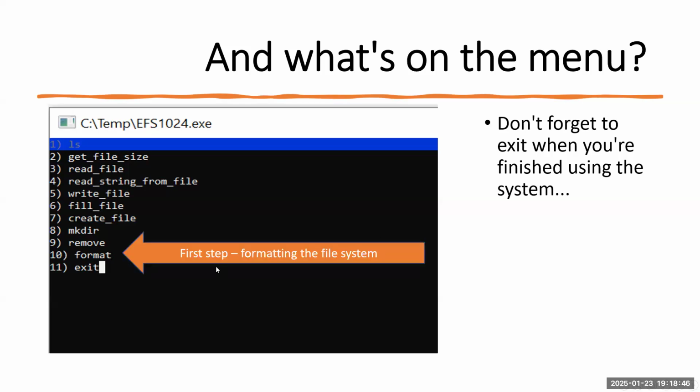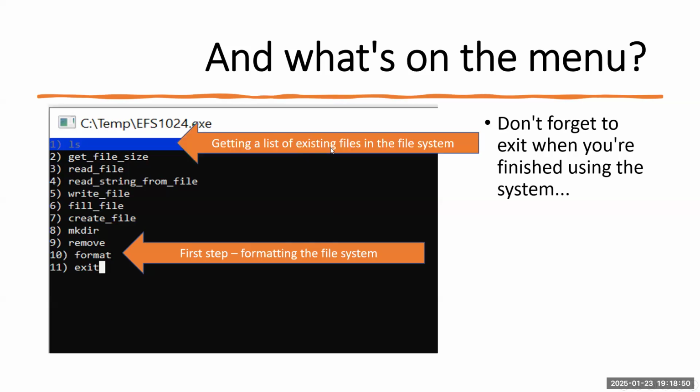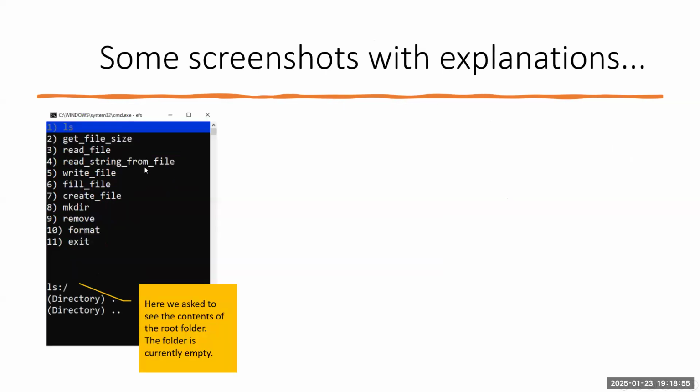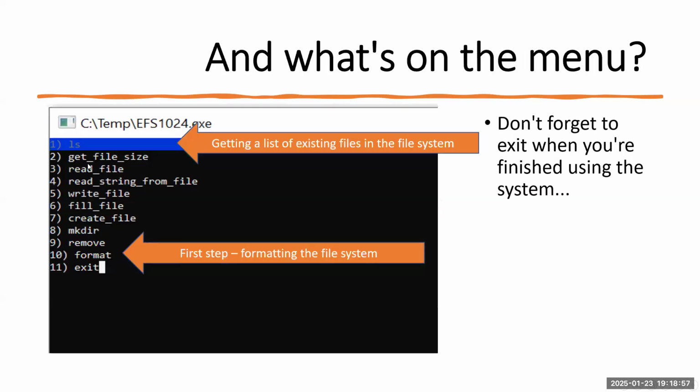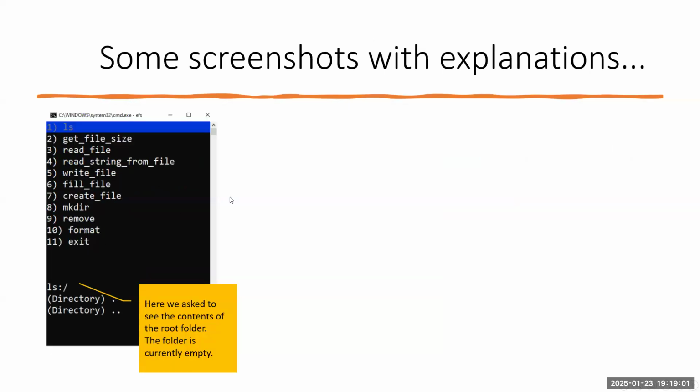First step, formatting the file system. Getting a list of existing files on the file system. There should be nothing there, but can you create a file? Create file. Here we ask to see the contents of the root folder, ls.